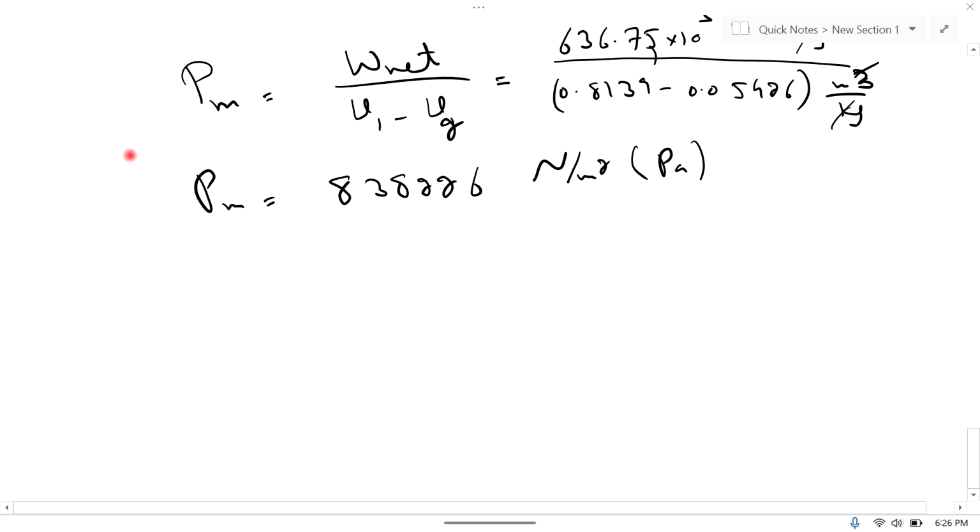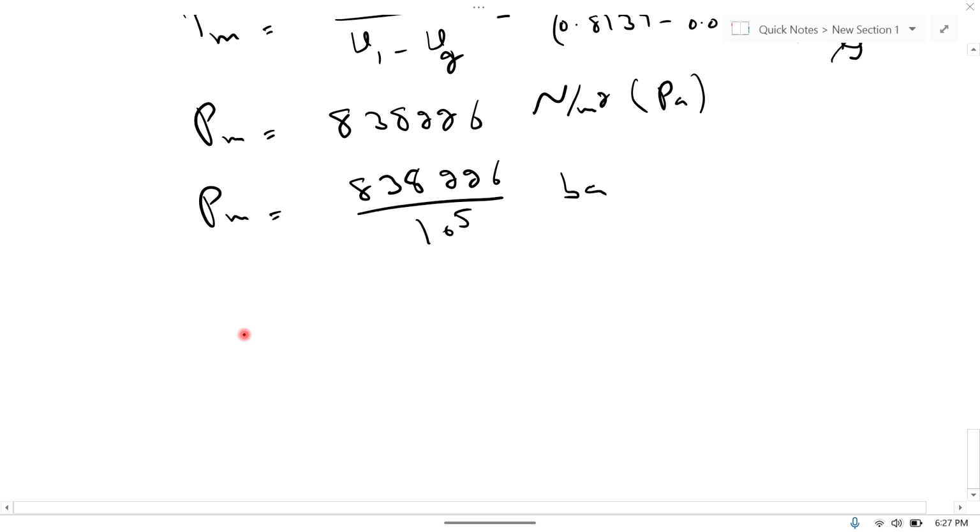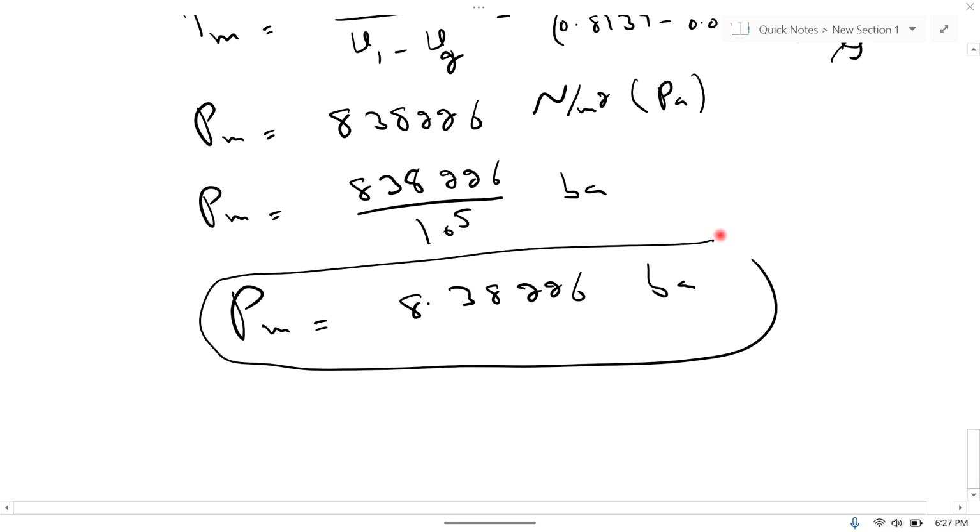To convert this into bar, divide by 10 power 5. So this is equal to 838226 divided by 10 power 5 bar. So mean effective pressure is equal to 8.38226 bar. And this is the end of the problem.